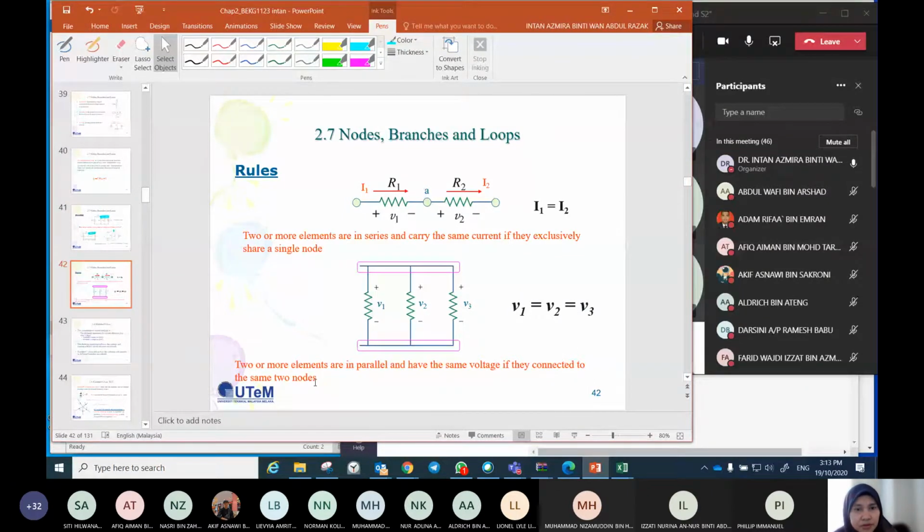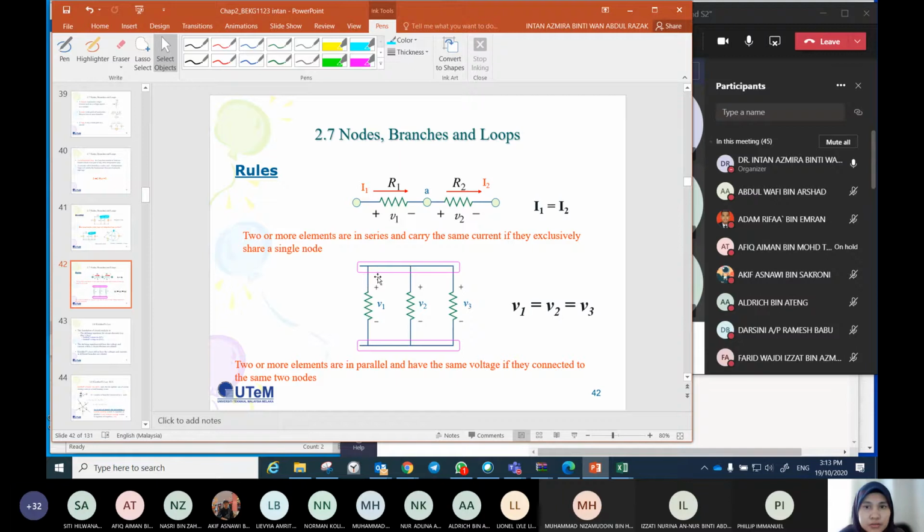Okay, so V1, V2, and V3 represent the voltage drop across, let's say R1 here, R2 here, and R3 here. So the voltage drop across the three resistors is the same. Why? Because the connection is in parallel.